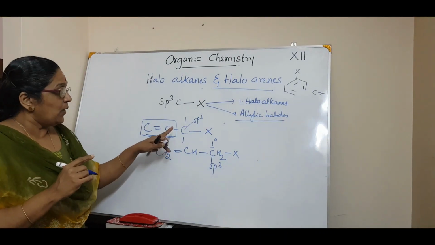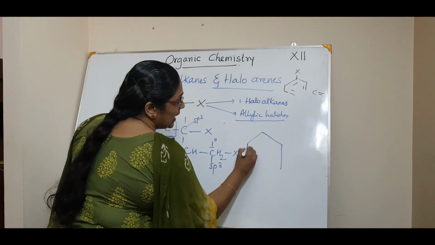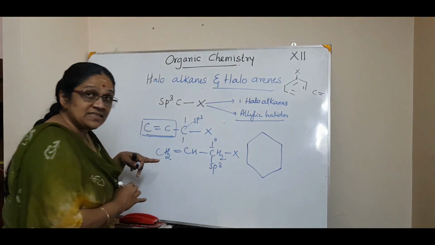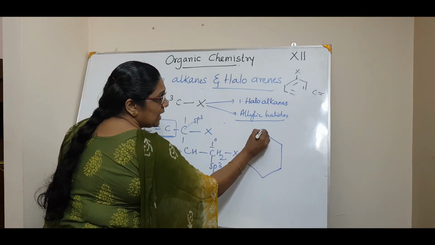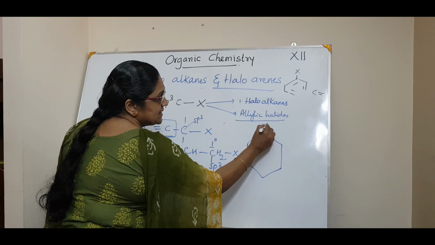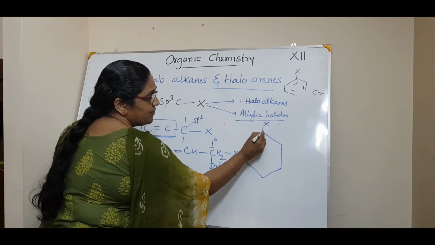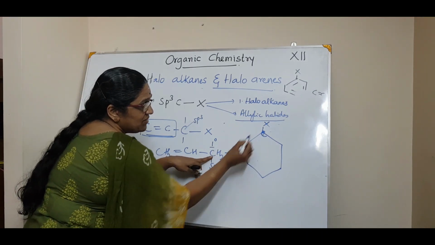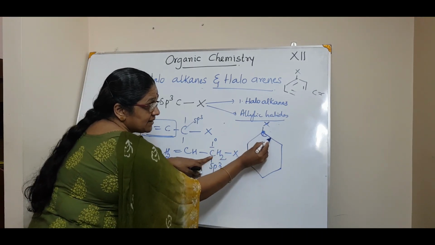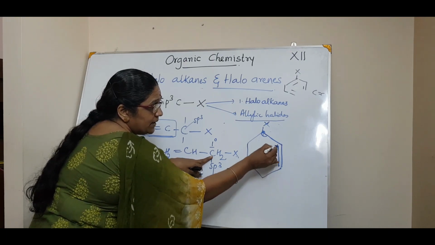Now, in the same way, we can have this structure in haloalkanes and haloarenes also. If this is the carbon atom which contains our halogen atom X, just compare with this. This is the carbon atom which is having an X, correct? And this carbon atom is directly attached to a carbon-carbon double bond.